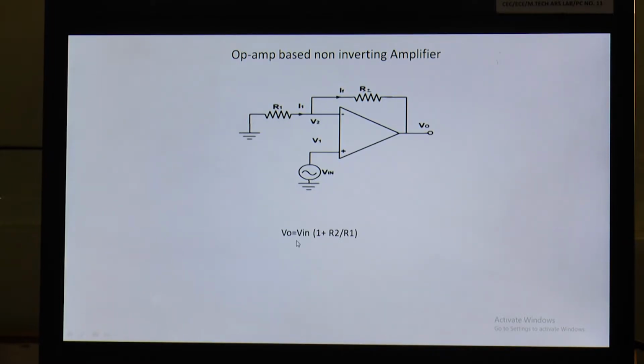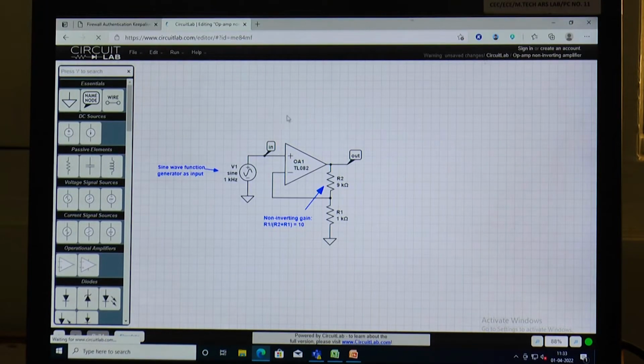So you can get the output, and you know that in case of non-inverting amplifier, output will always be in phase with our input. So now we will build this circuit on our Circuit Lab simulator, and then we will simulate. So we have built this non-inverting amplifier on our Circuit Lab simulator.